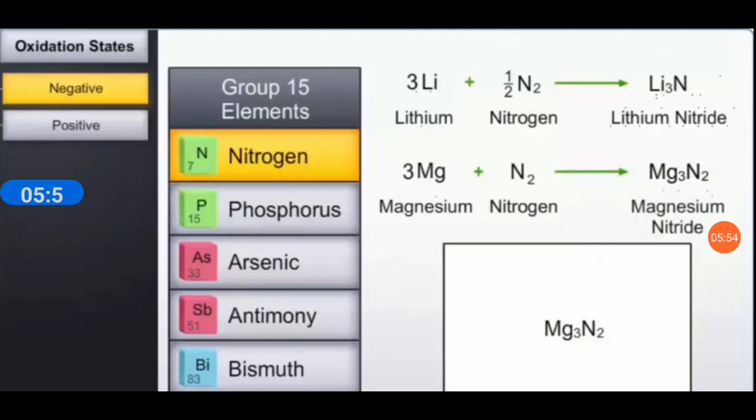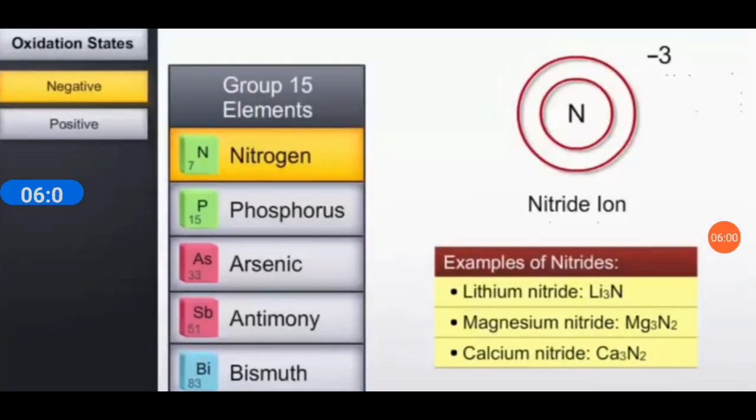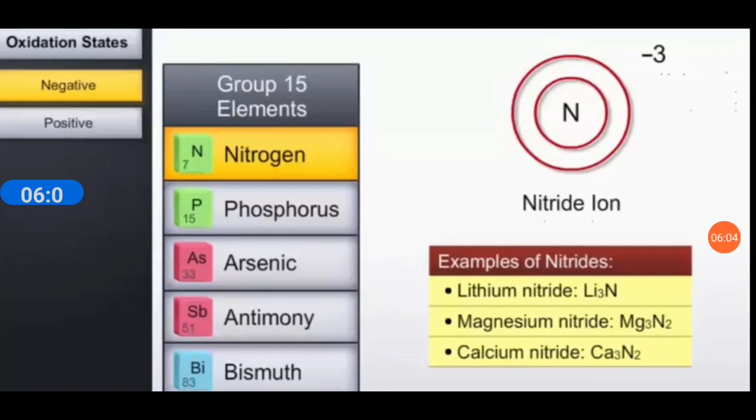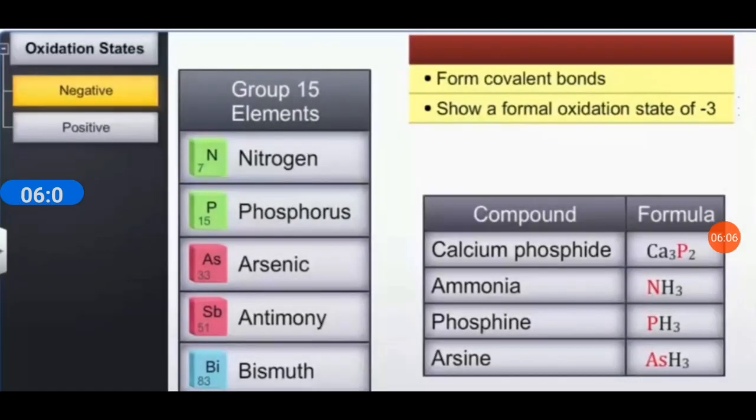They can form nitrides like lithium nitride, magnesium nitride, and also calcium nitride. Nitride ion has -3 charge. They can form covalent bonds, show a formal oxidation state of -3 in them also, like calcium phosphide, ammonia, phosphine, and arsine.